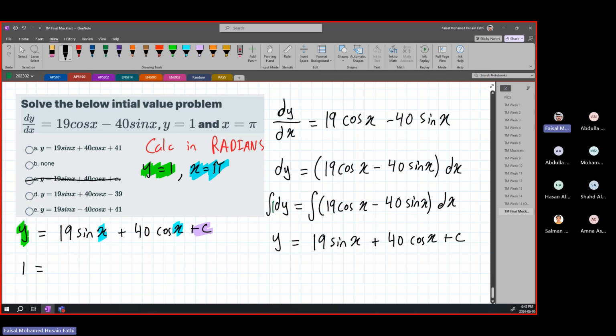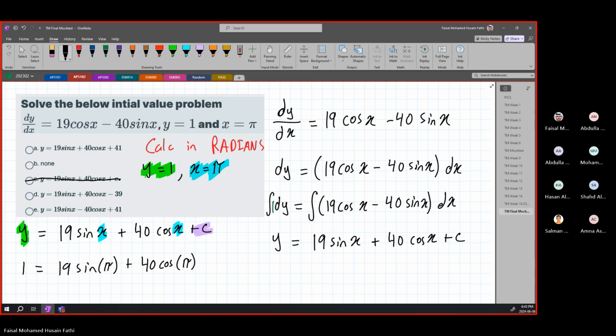So 1 is equal to 19 sine of pi plus 40 cosine of pi plus c. In other words, 1 is equal to 19 times the sine of pi, which is 0, plus 40 cosine pi, which is 40 times the cosine of pi, which is 1, plus c.